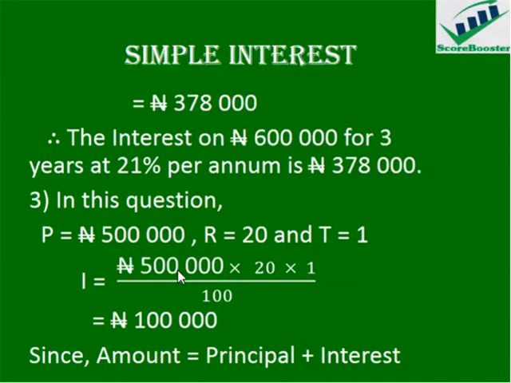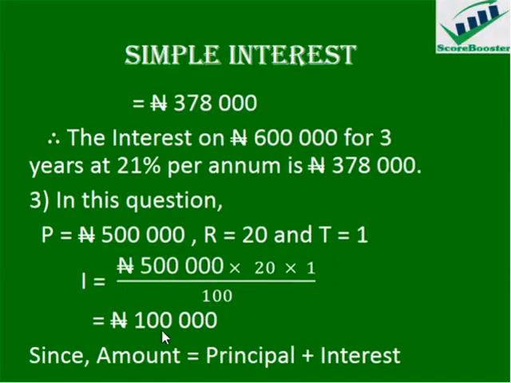So interest is principal multiplied by rate multiplied by time over 100. Our principal is 500,000 multiplied by 20, which is the rate, multiplied by time 1, everything divided by 100. So if you do this calculation very well, you are going to have 100,000. So the interest is 100,000.